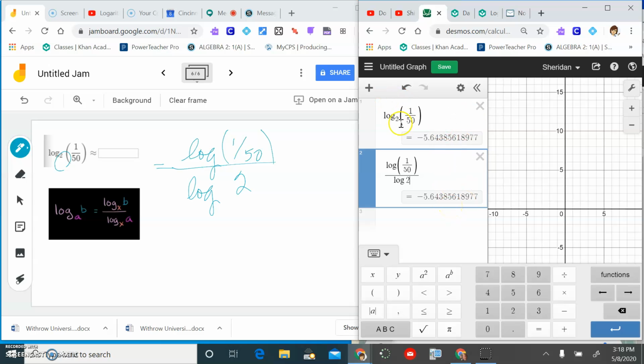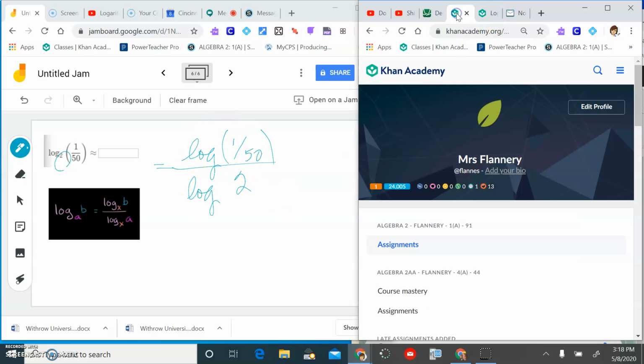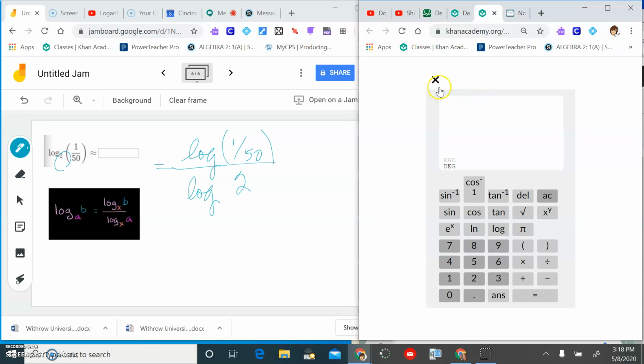So you can use Desmos with log base anything you want, or you can use any calculator with a log button, because if that log button doesn't have a base written on it, it is base 10. And if you're going to use that, then you would do log of the big number divided by log of the baby number. Log of the big number divided by log of the base. Okay? So there you go.